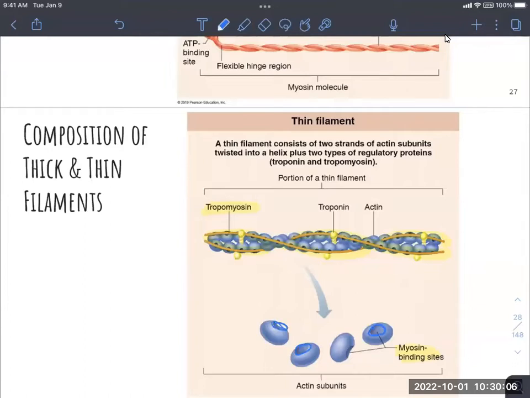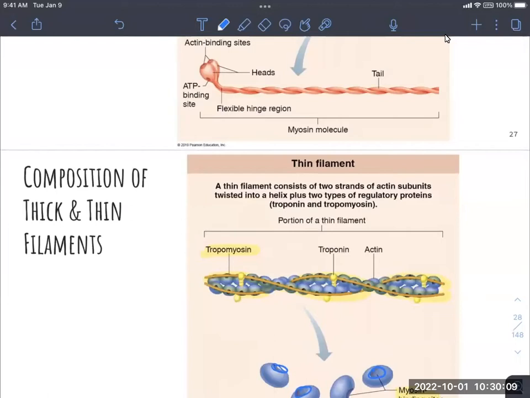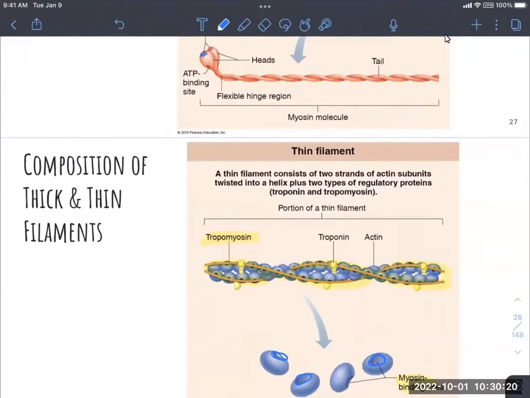That is where the actin binding site of this head here will attach to the actin, and it is what allows a contraction to happen. But when we're not trying to contract a muscle, this tropomyosin blocks those myosin binding sites. So random contractions don't just happen. It prevents random muscle contractions that we don't want or need.